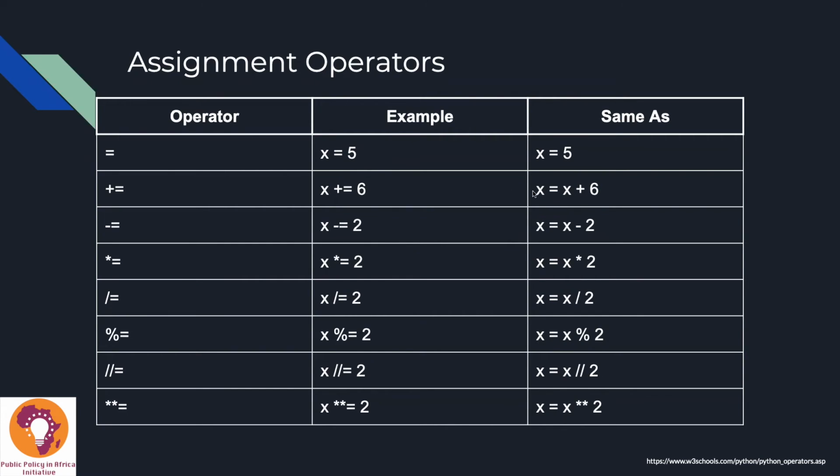It's taking the current value of x, adding 6 to it, and then storing that back in x. So while x does already have a value, this is like modifying. These ones down here all modify the existing value of that variable. So I hope that helps.